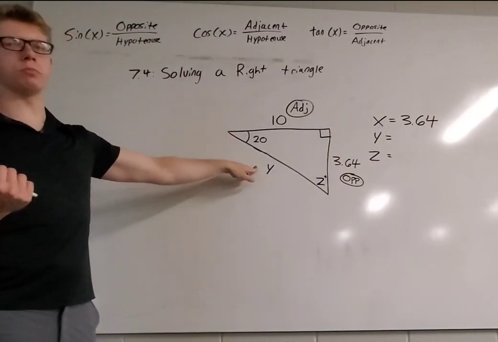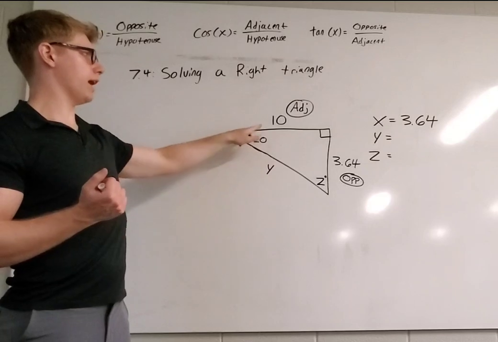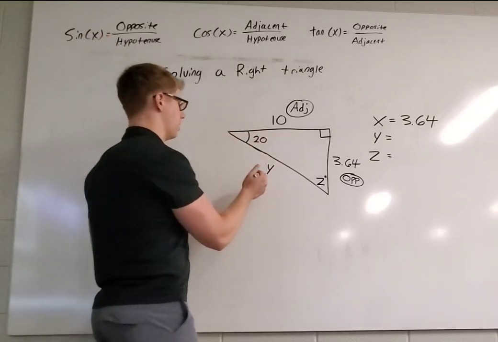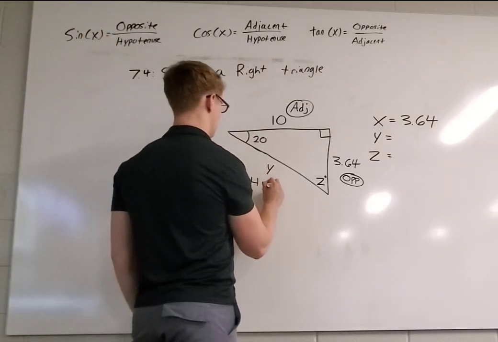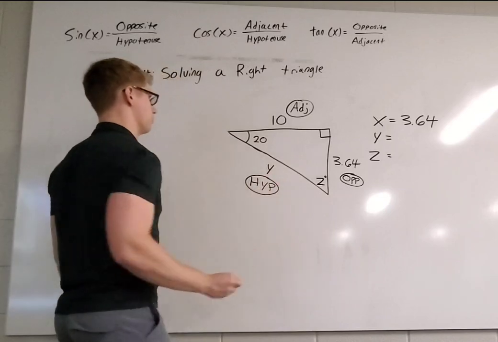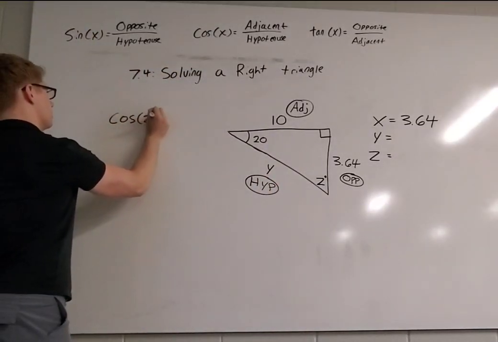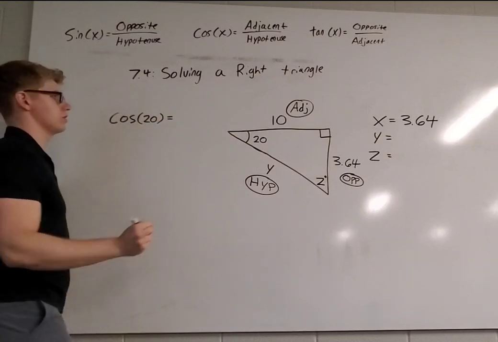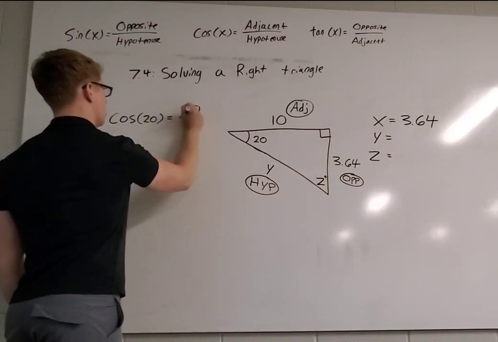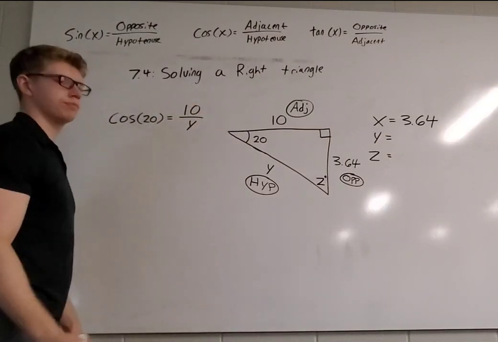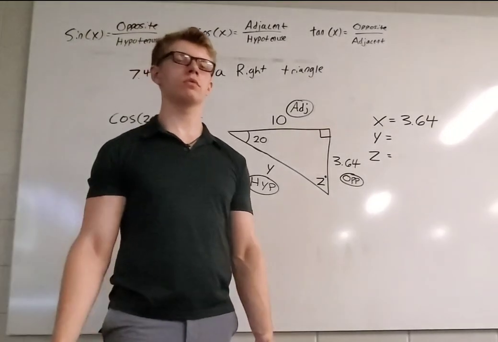The hard way would be saying, okay, we have the adjacent side, we're solving for the hypotenuse, and you could set up your ratio of cosine of 20 is equal to 10 over y. And you could solve it that way.